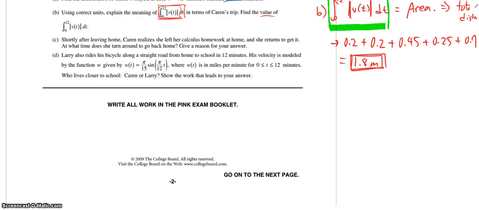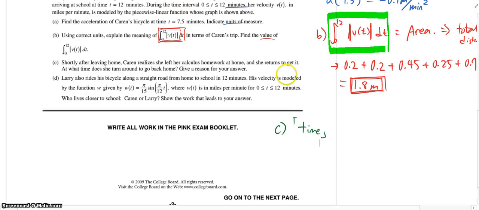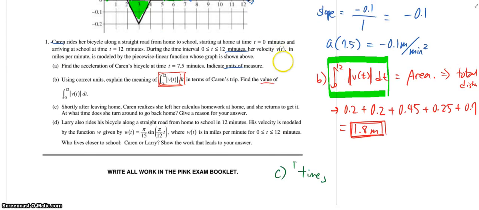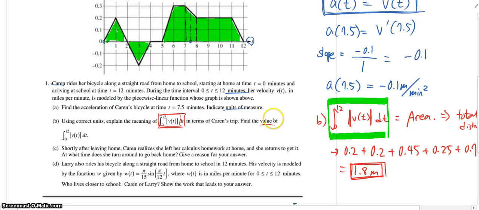And for part C, Karen realized that she left something, so she turns back, and we want to know the time when she turns back toward her house. She leaves from her house at zero, right?